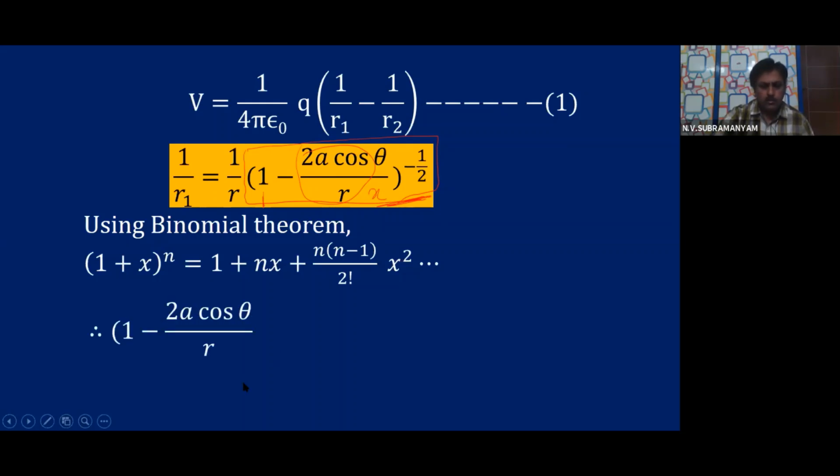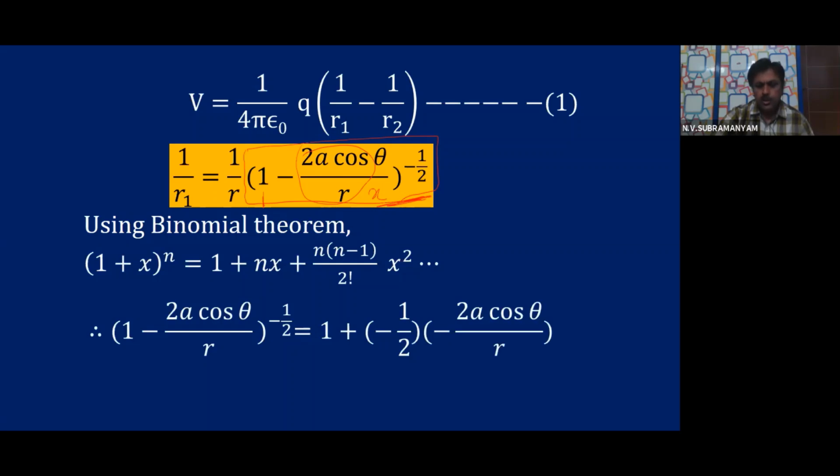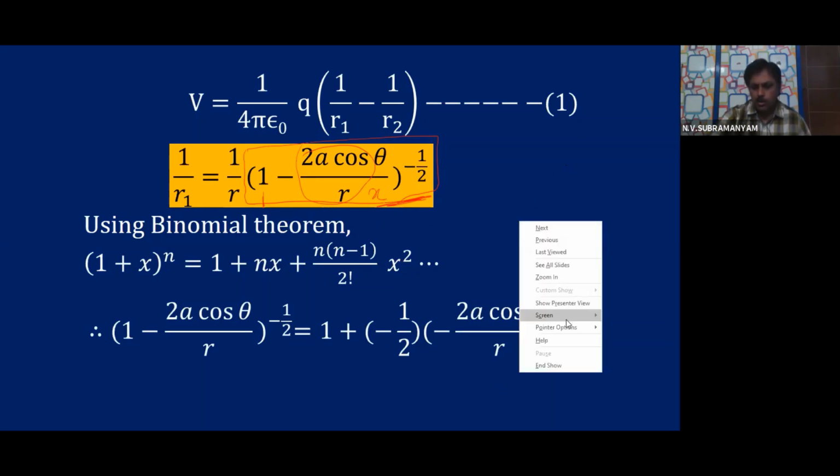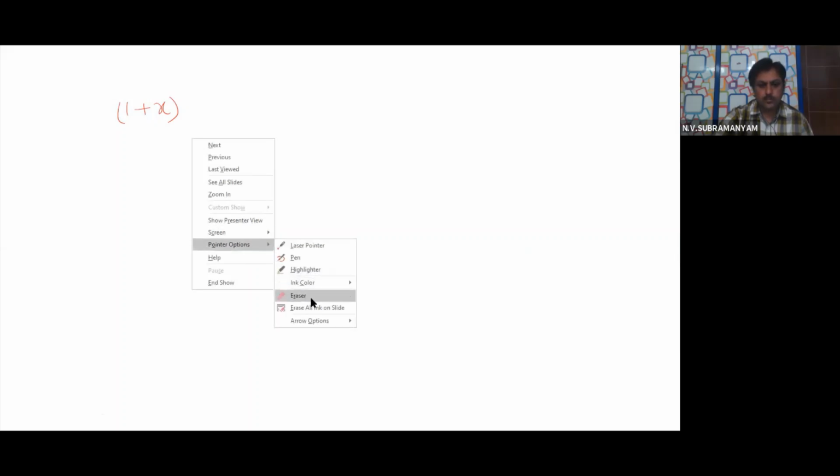Therefore 1 minus 2a cos theta by r power minus half is equal to 1 plus minus half into minus 2a cos theta by r, and so on. Let me show you, just a minute children. I will use the whiteboard to explain. I have the term 1 plus x whole power n. First let us put the actual formula.